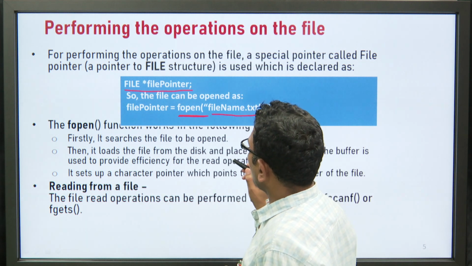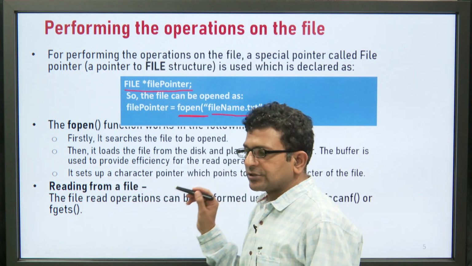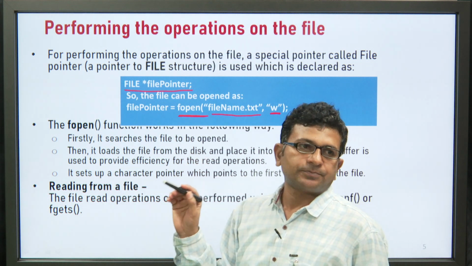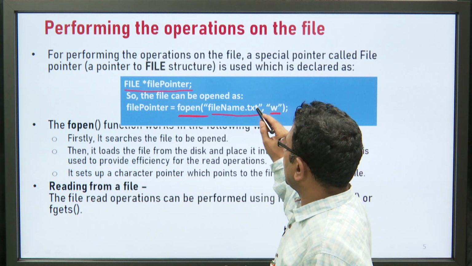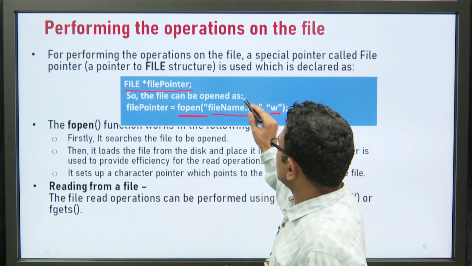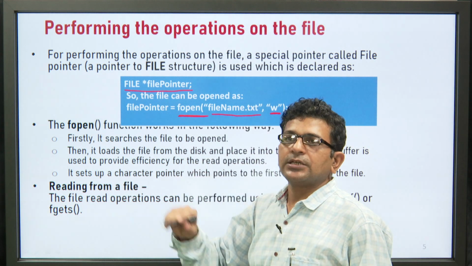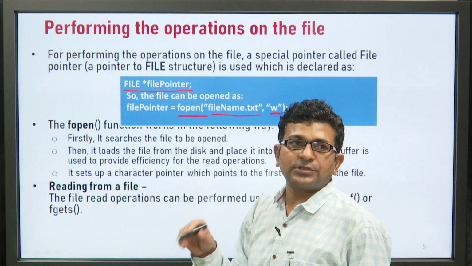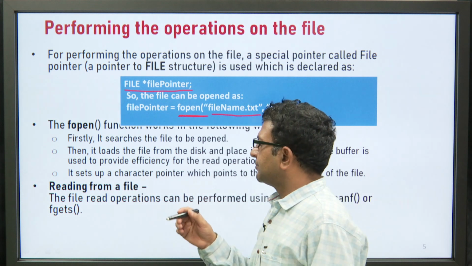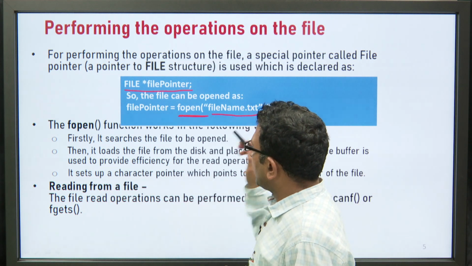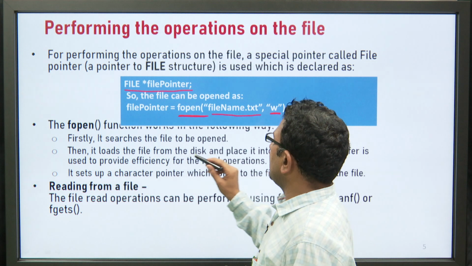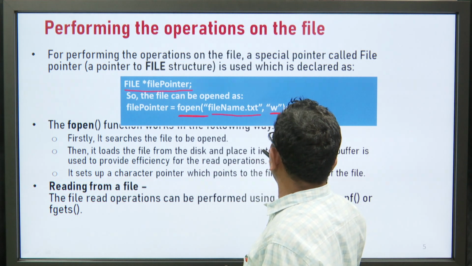Now, if we call the fopen function, what does this function do? Firstly, it searches for the file to be opened. It will search for this particular file inside the local system. If it is not present, then it will try to create that file. Once it has found it, it loads the file from the disk and places it onto the buffer.